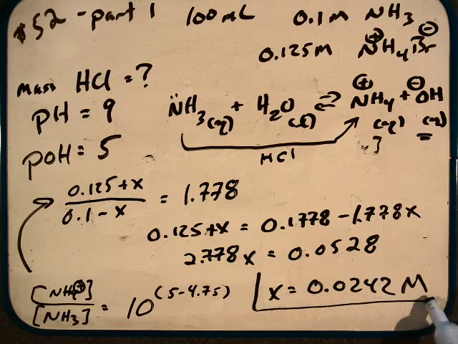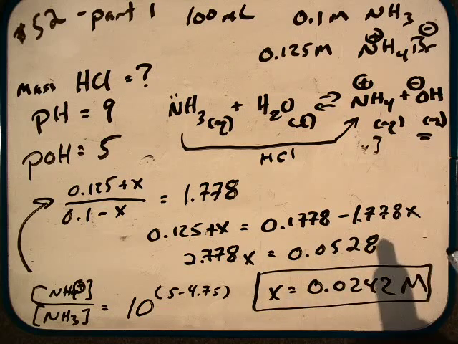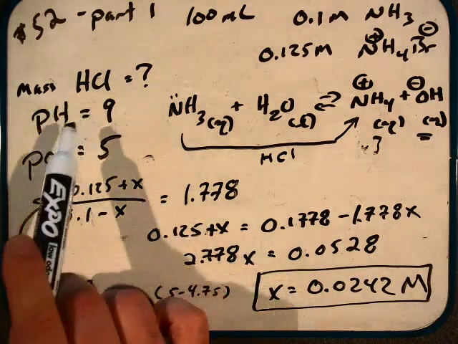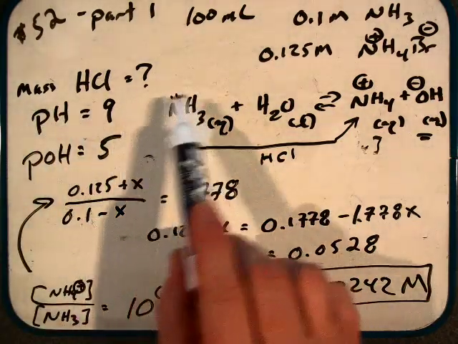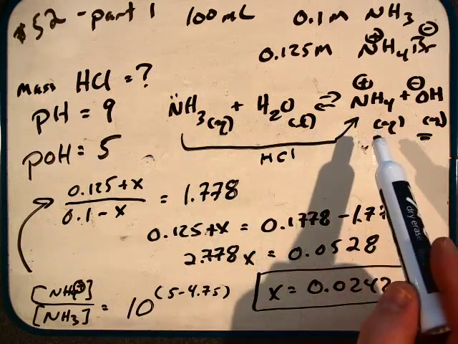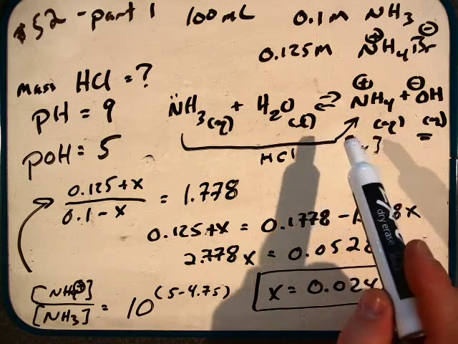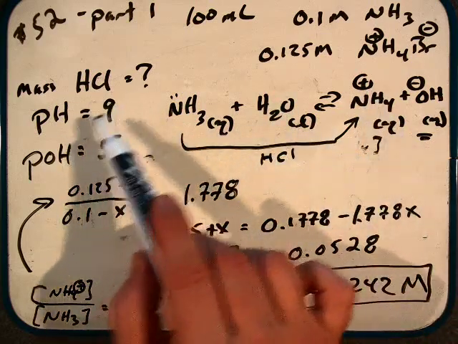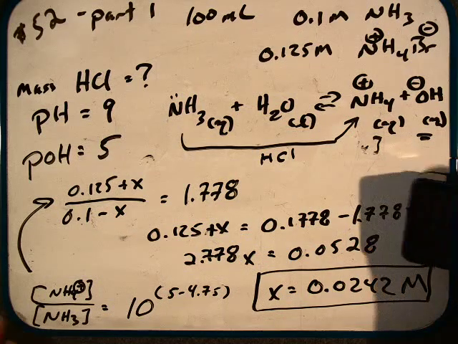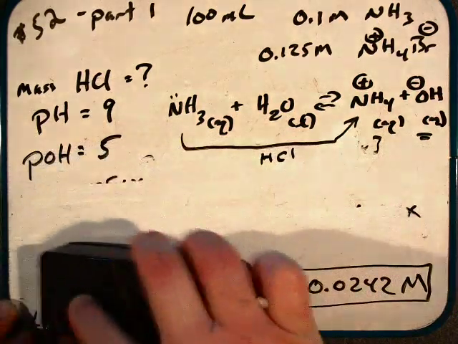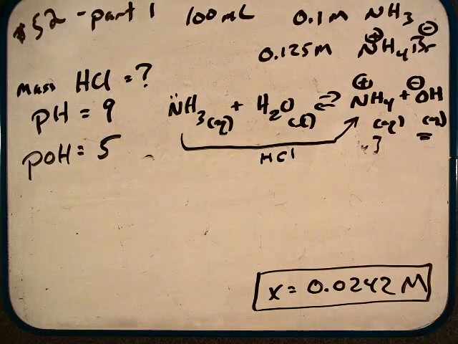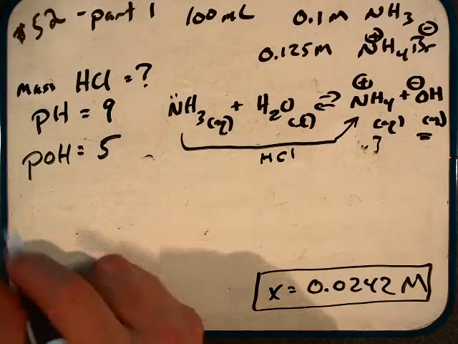So that is the change that I have to effect by adding HCl to change our initial concentrations of NH3 and NH4, the components of the buffer, so that now the pH has been dropped to a pH of 9. So with that value, it becomes a conversion.